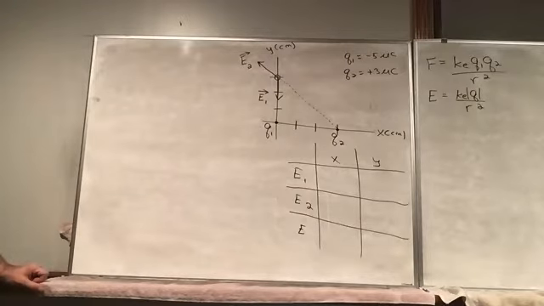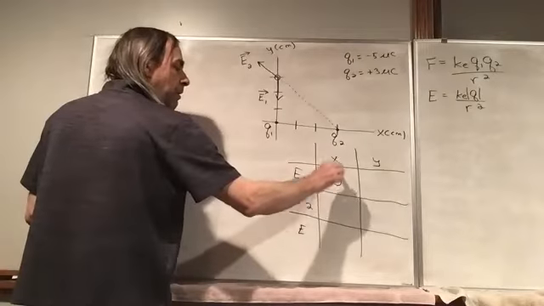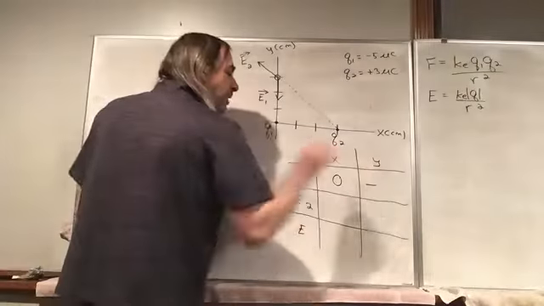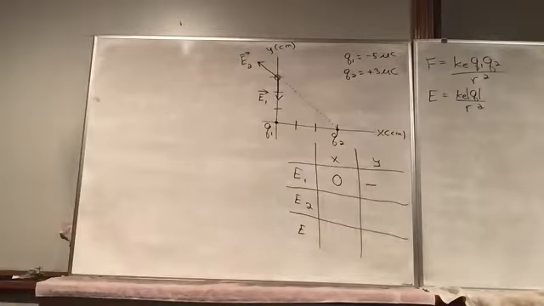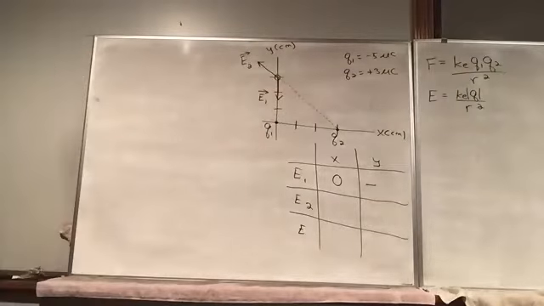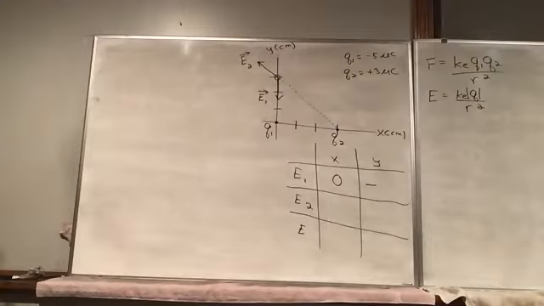Before we actually calculate magnitudes or anything, let's look at E1. Now E1 points straight down. So the X component of E1 is 0, and the Y component is negative because it's pointing down. So again, we're going to find the magnitudes E1 and E2 just using that formula, and then we get the directions just from looking at the picture.